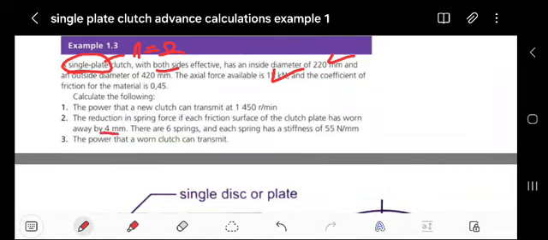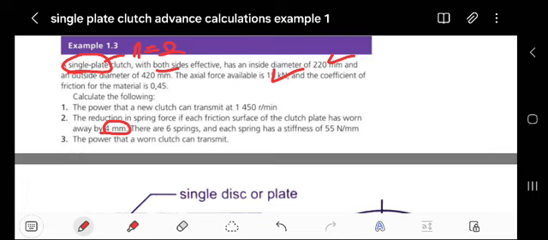So if each surface of the clutch has 1 worn away by 4 millimeter, that is the wear per surface.